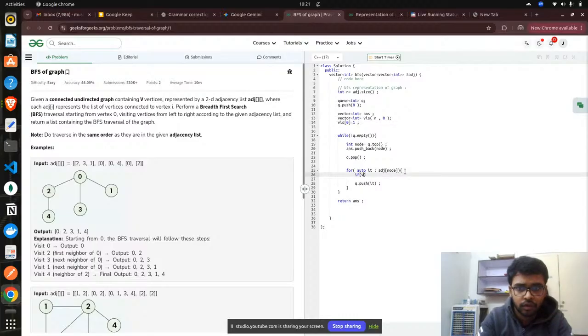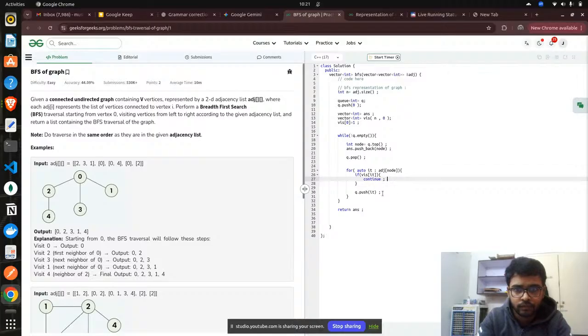If visited of ID, continue. Visited of ID equal to 1.